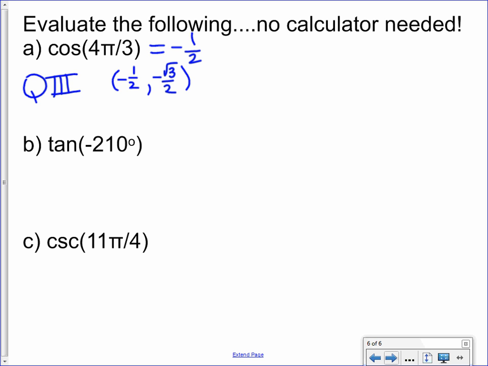Negative 210 degrees. Where's that? Negative 210 would be in quadrant 2. Negative 210 degrees would be the same as what positive angle? Do you agree with Joey?